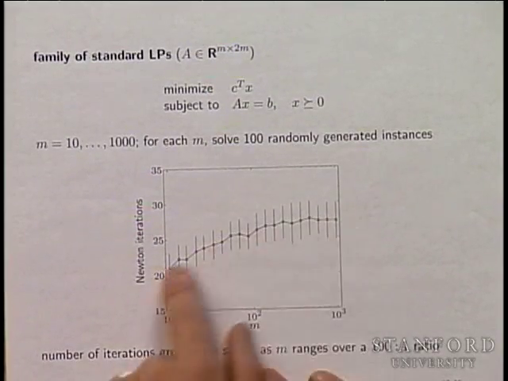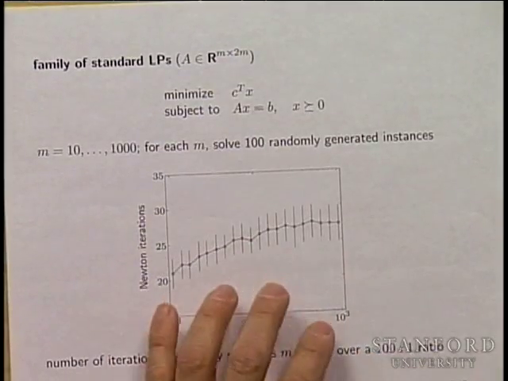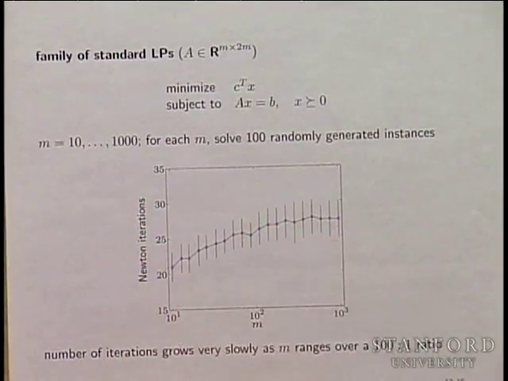And this is the number of steps required to reduce the duality gap, probably to 10 to the minus 6 or something, or reduce it by a factor of 10 to the 8. When you look at this, you see something amazing: it's not growing. It just doesn't grow. I'll tell you a little story about this.